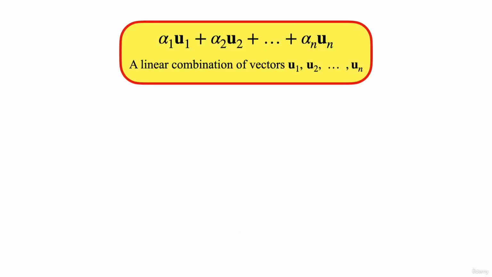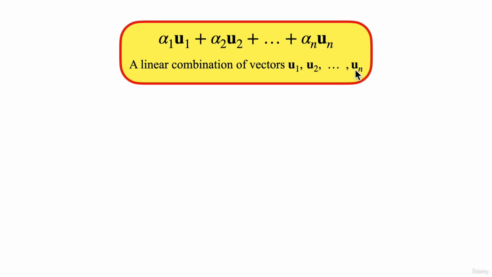And generally, if you take n vectors u1, u2 until un, and n scalars alpha 1, alpha 2 until alpha n, then such a sum is also a linear combination of these vectors.